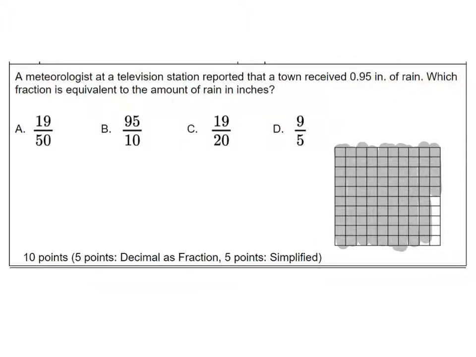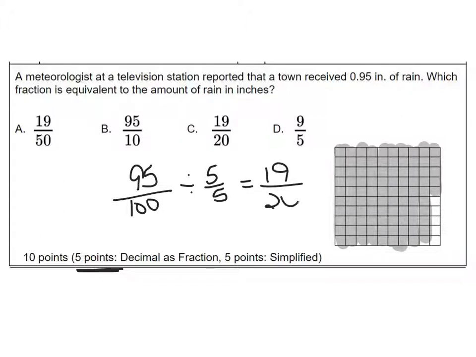And then if you think about it, if it's going to be 95 hundredths, it's 95 over 100. That gave you 5 points already. And then when you simplify, if you simplify it by 5, it's going to give you 19 over 20. So your answer should have been letter C. So that would have given you the other 5 points.